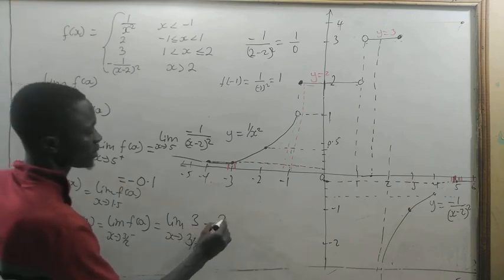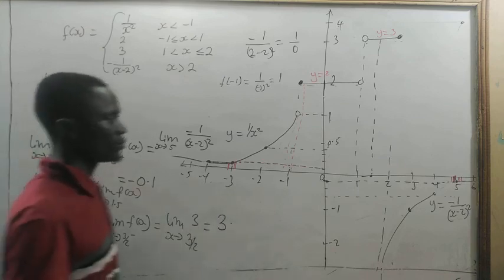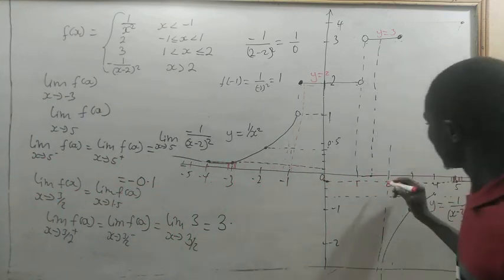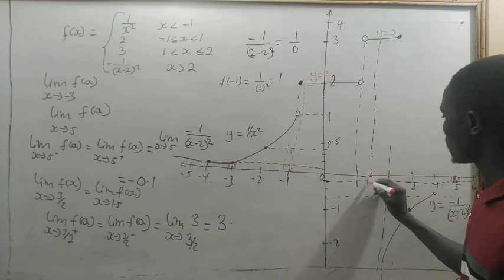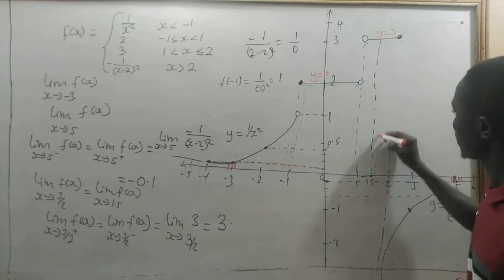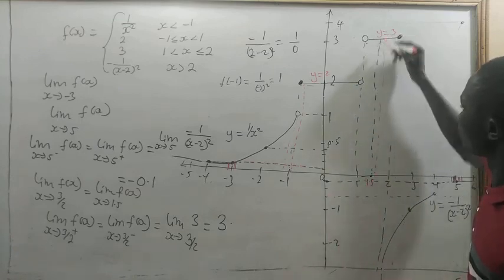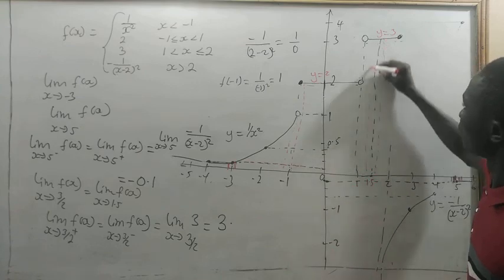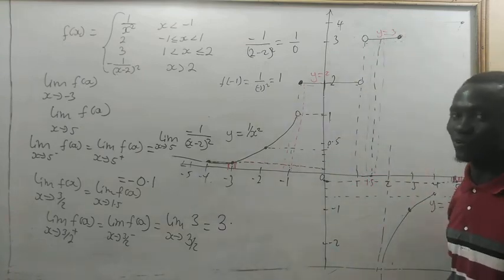And that is 3. Because as we approach 1.5 here, we will move to 3, both from the left and from the right.